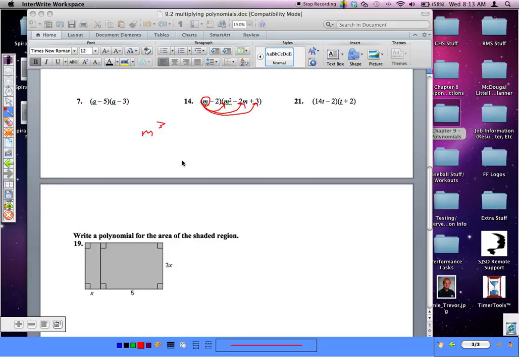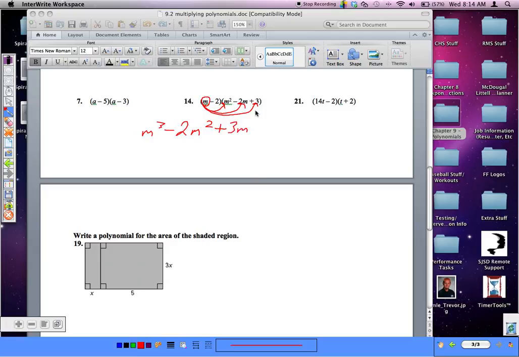M times negative 2m, it's going to be a positive times a negative, so it's negative 2m to the second. And then when we multiply m times positive 3, that's a positive times a positive, which is a positive what? 3m.